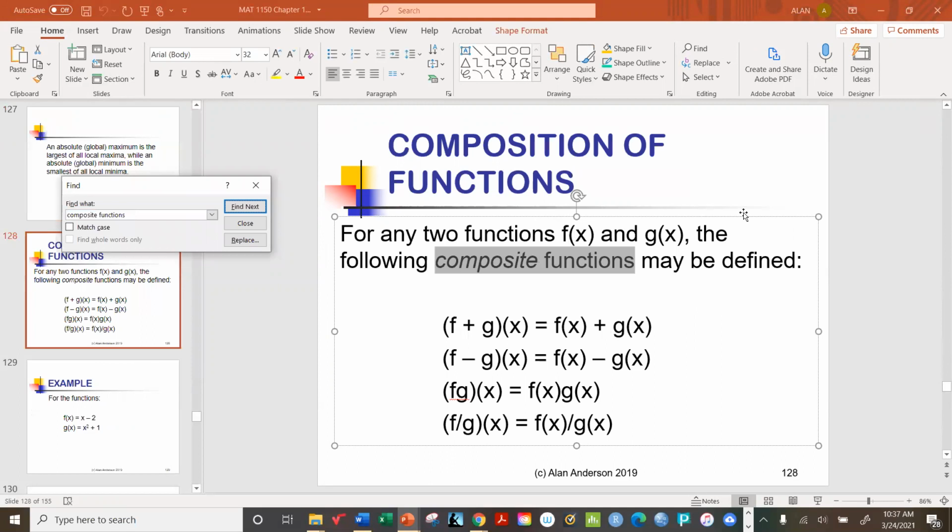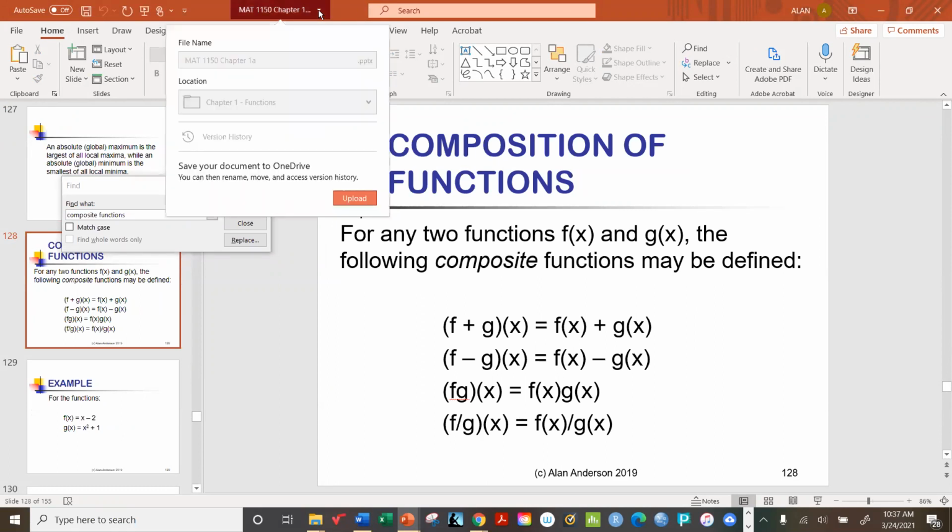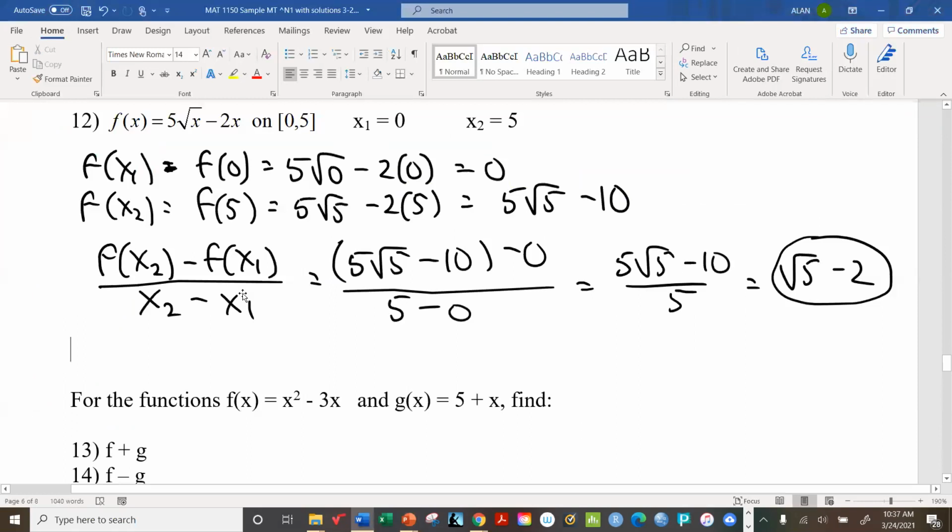Oh, lucky, first attempt, I found it. This is chapter 1A, slide 128. Okay, now we can continue.